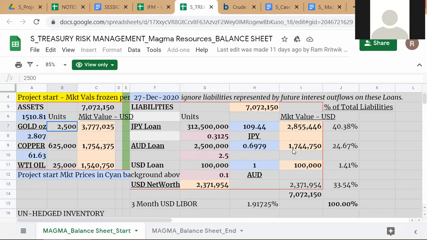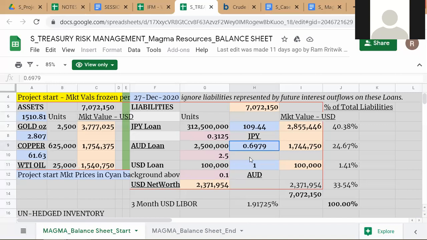So if anytime these two go up, in this case you've got two foreign currency loans. Here you don't have an exchange rate problem, because as you notice, I've given the exchange rate as 1, since dollar against dollar the exchange rate is 1. But as you can see, the Aussie loan here is 69.79. This is the Aussie exchange rate, and the dollar yen is 109.44.